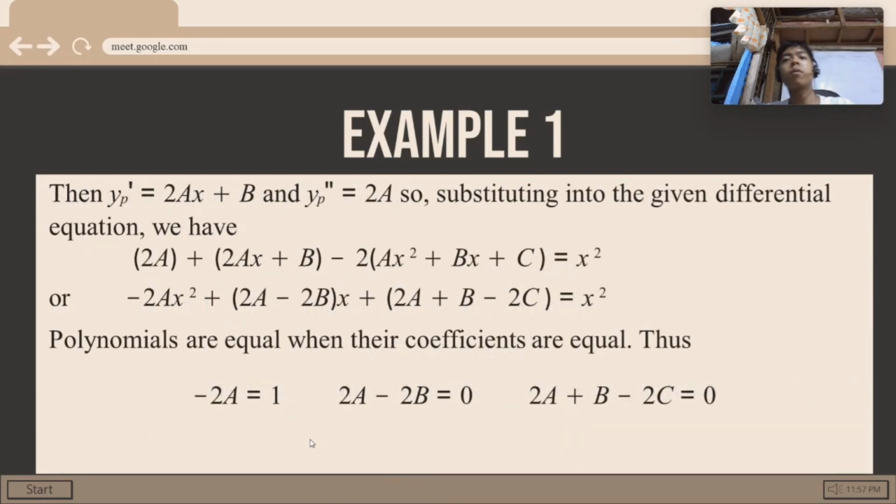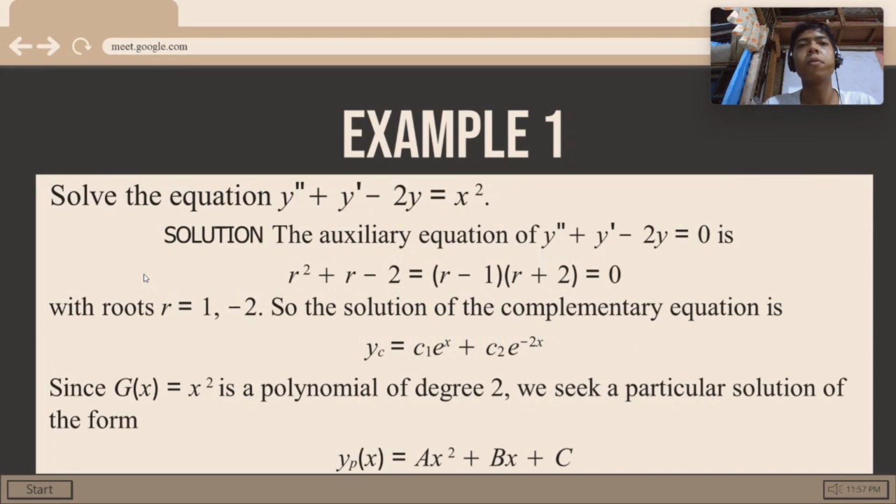So, substituting, we have 2a plus 2ax plus b minus 2 times ax squared plus bx plus c is equal to x squared.